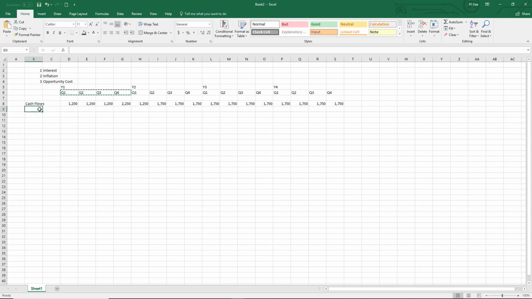Okay, so those are the cash flows. And what we want to do is figure out what the present value is for each of these. Now there's a subtle difference between how these projects are stated in our book. One of these conventions says at the beginning of the quarter, this number represents the inflow or the outflow of cash.